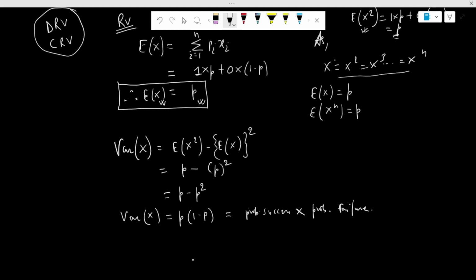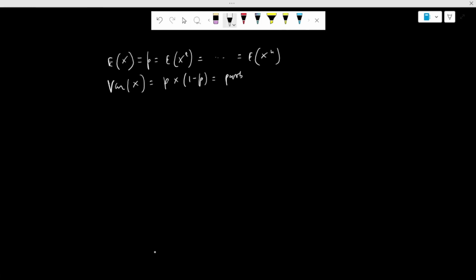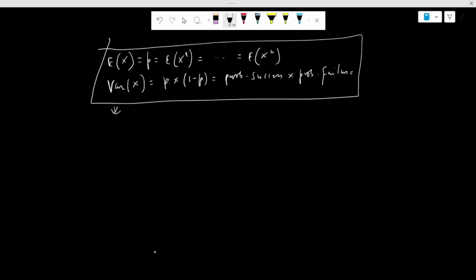So the product of the probability of success and failure gives the variance, while the probability of success is the expected value for the Bernoulli random variable. We know this result; we have just proved it, or derived it. Now let y be equal to x squared. So we can write x cubed as x into x squared, which is x into y.